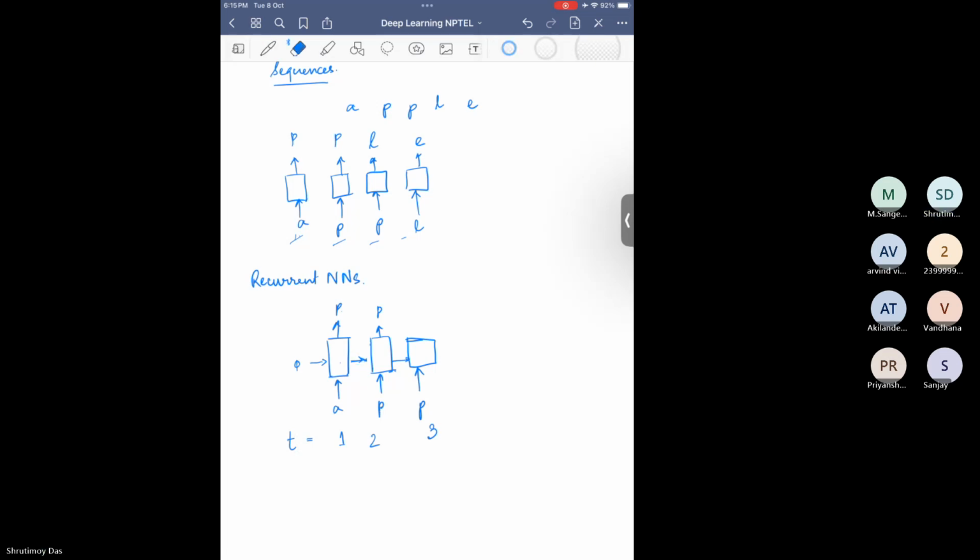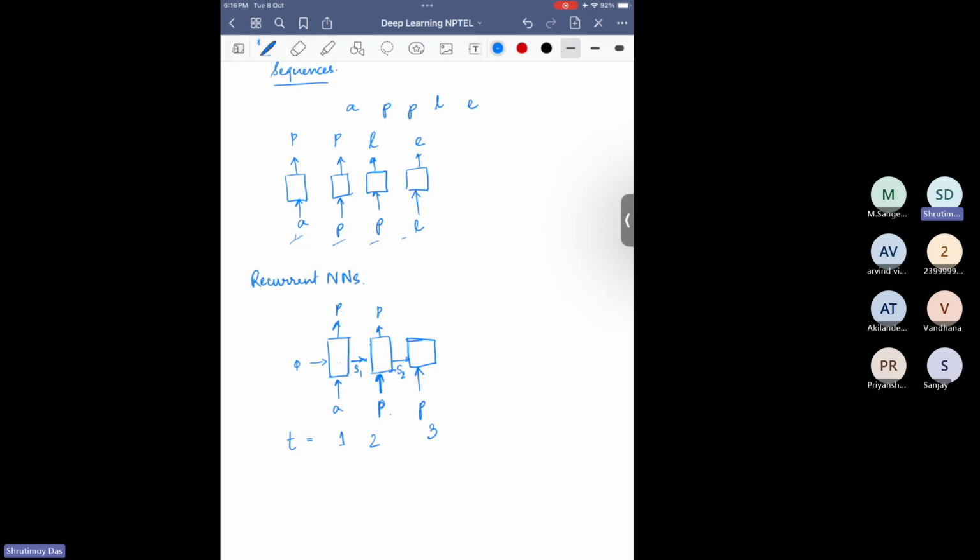So when I am at the second time step, it will look at P, it will look at S1, and predict the next character, which is P again. Now it will look at S2.